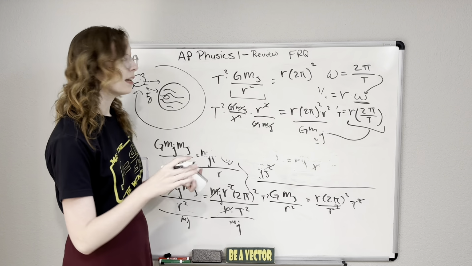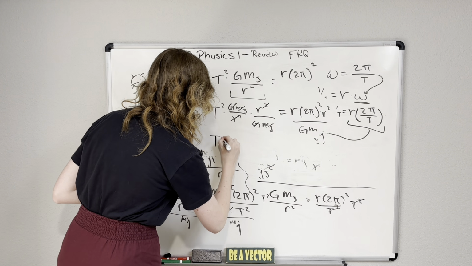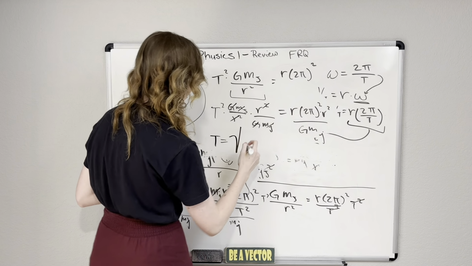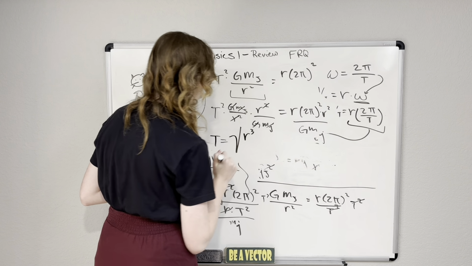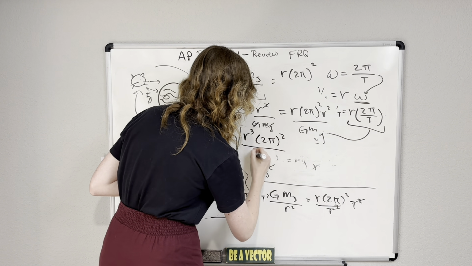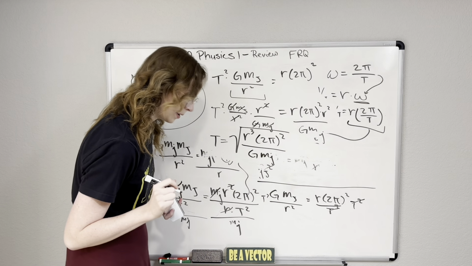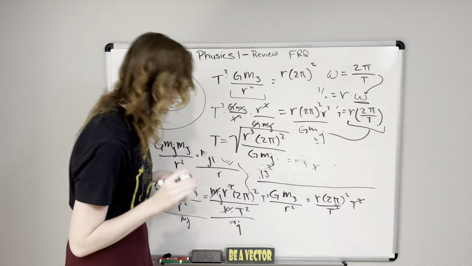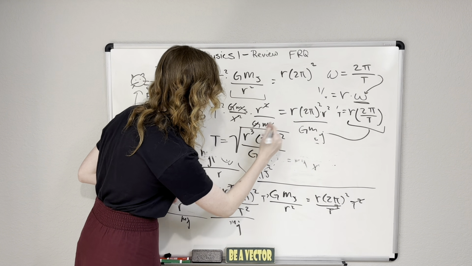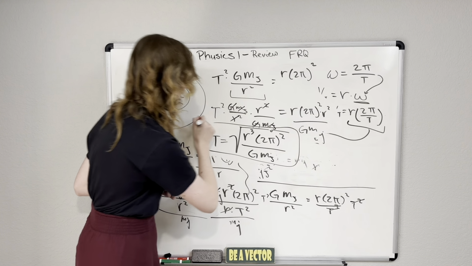So to solve for t, all I have to do is take the square root of both sides. So t is just going to be equal to the square root of all of this junk, which simplifies whenever I combine it a little bit. I've got an r cubed, I have 2 pi squared, and then I divide that by g times mj. And there we go. Oh, this is the mass of Jupiter, not of Juniper. And that is how we calculate the period.